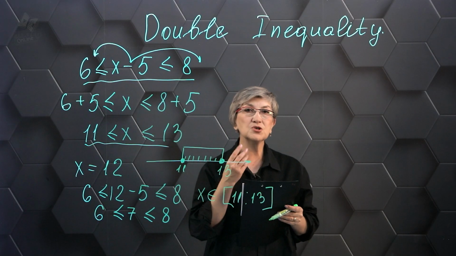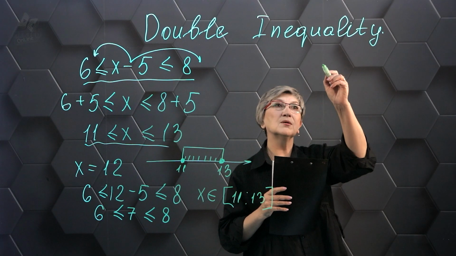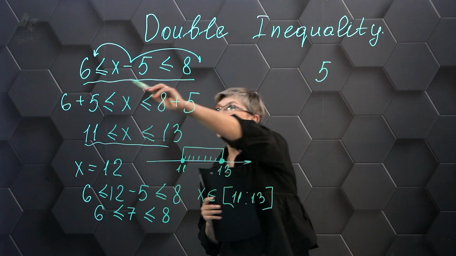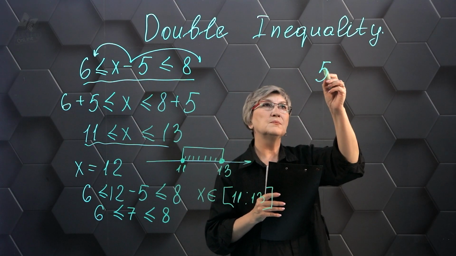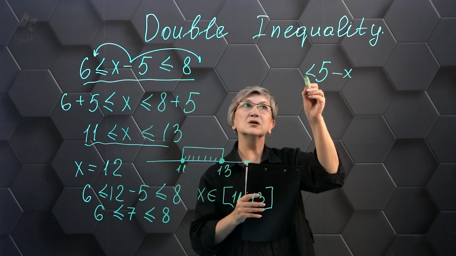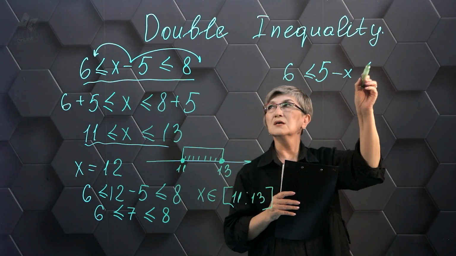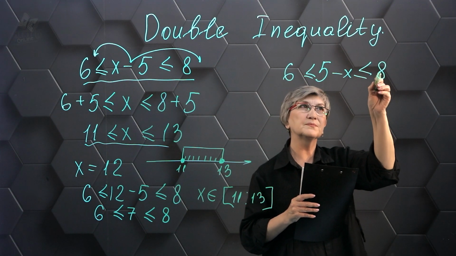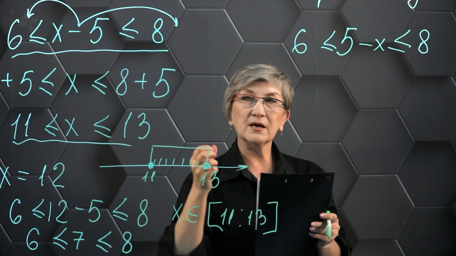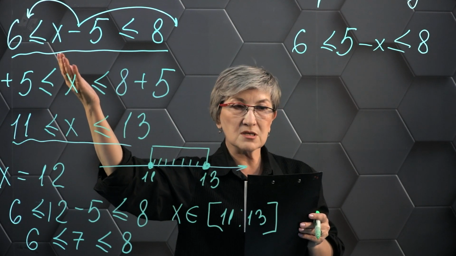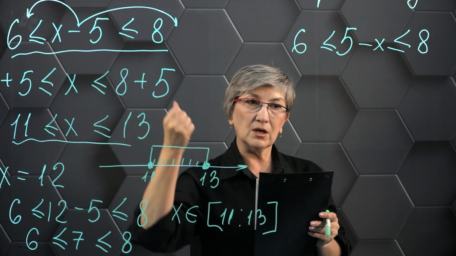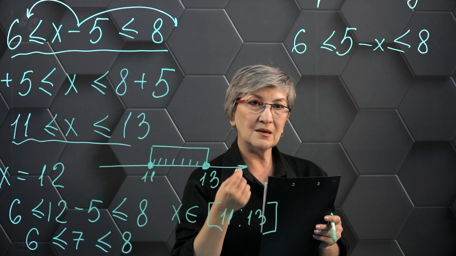And now we will solve another inequality, in which I will switch x and minus 5. 5 minus x is greater than or equal to 6, but less than or equal to 8. Of course, double inequalities can contain one strict sign and one non-strict sign. But this will only affect the way the answer is written.